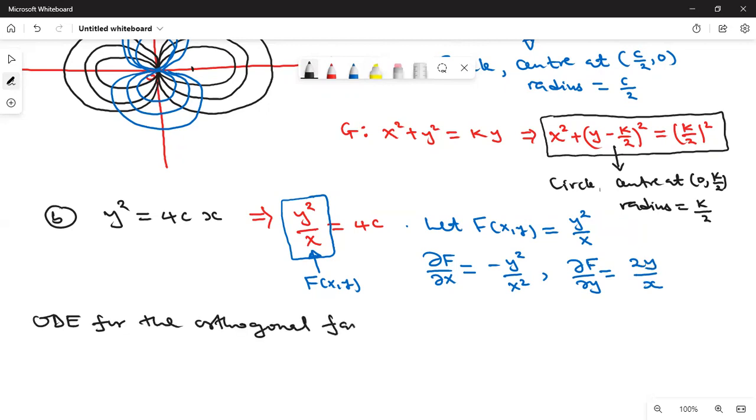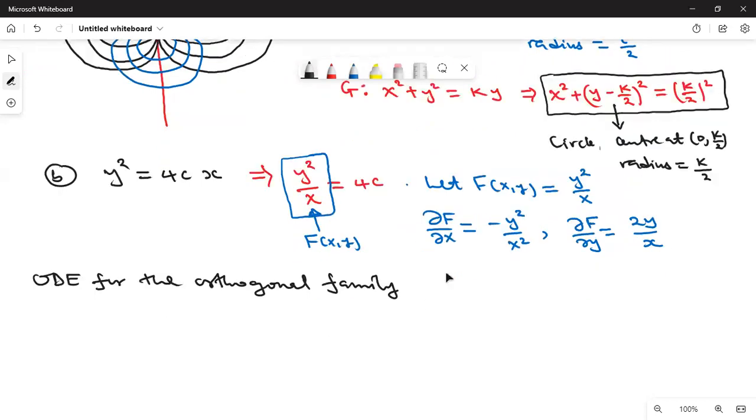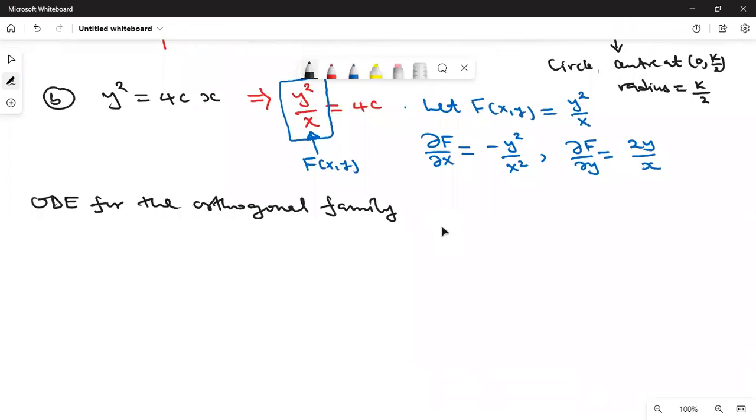It should be partial f with respect to x dy minus partial f with respect to y dx is equal to 0.